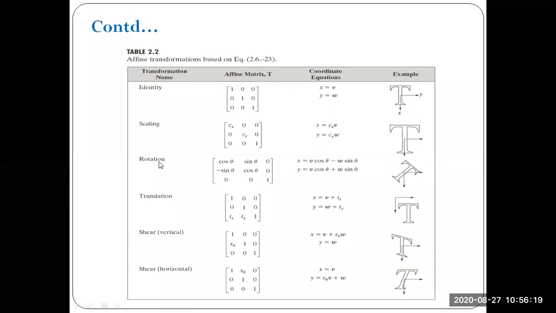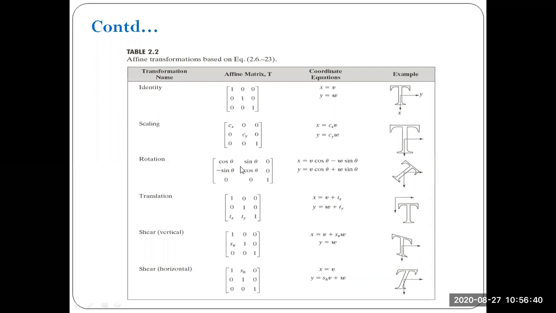Okay, next rotation. In the rotation, I am using a different matrix: cos theta, sin theta, 0, minus sin theta, cos theta, 0, 0, 0, 1. So here I am changing the first 4 matrix elements, remaining all same.